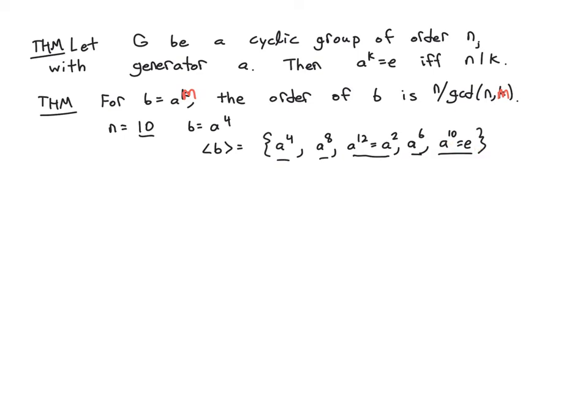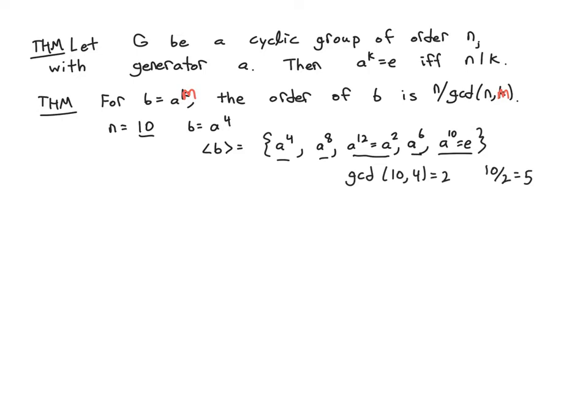And what is the GCD of 10 and 4? It's 2, and 10 divided by 2 is 5, and we have 5 elements. And so the order should be 5. Or more accurately, once we hit the 5th power of a to the 4th, we get the identity. So this seems to be true.